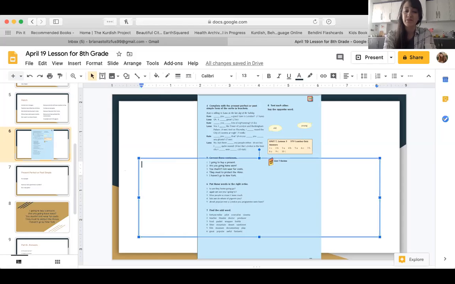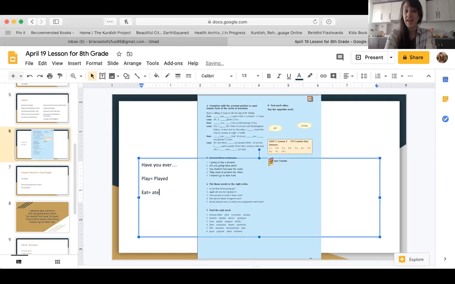Present perfect is when we use have. Have you ever been a student? Have you ever been to Erbil? Have you ever been to Turkey? Have you ever read a book? This is present perfect. Past simple is when we take the verb like play and we make it played in the past.